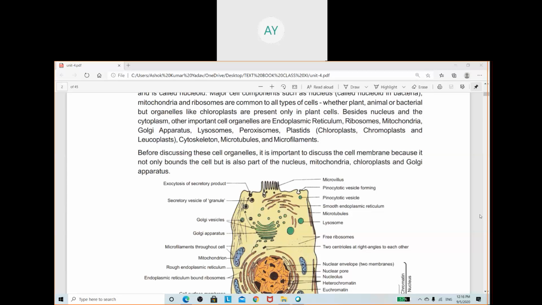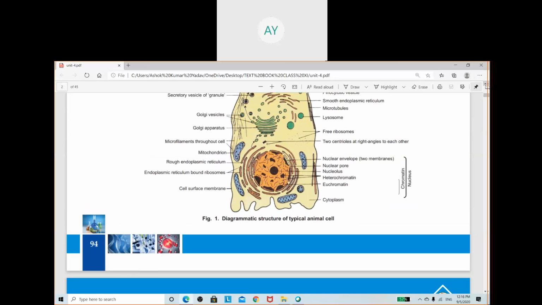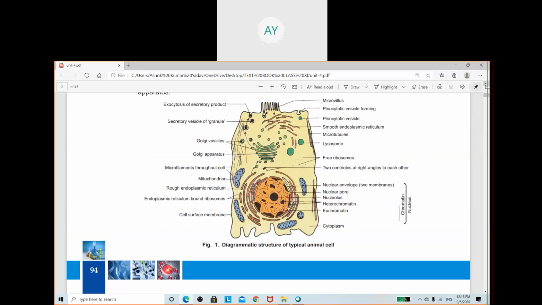Then the other type of liquid I have already discussed, the liquid inside the mitochondria, that is matrix. M for mitochondria, M for matrix. So the liquid inside the mitochondria is known as matrix.